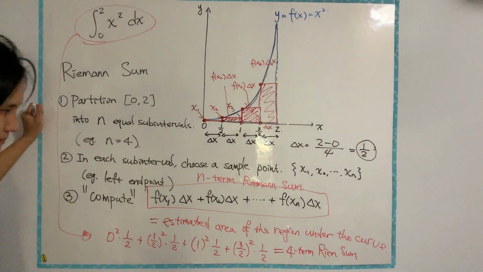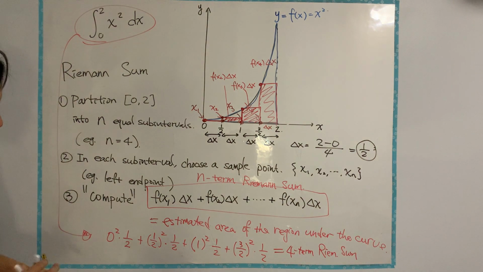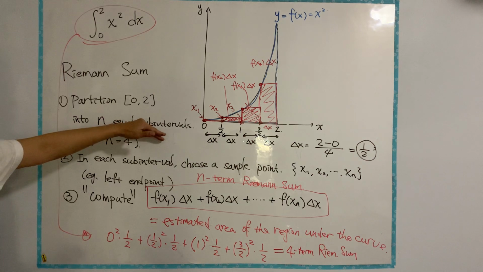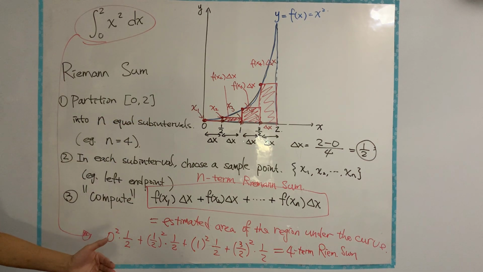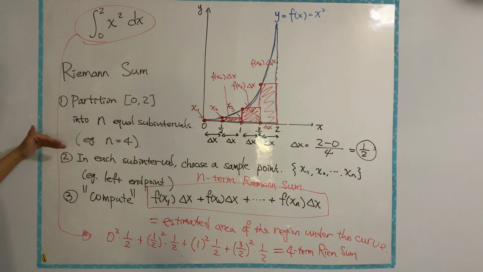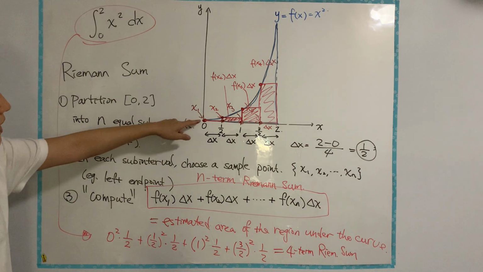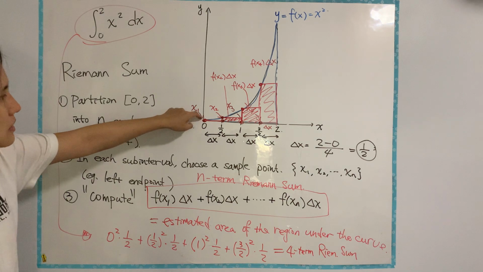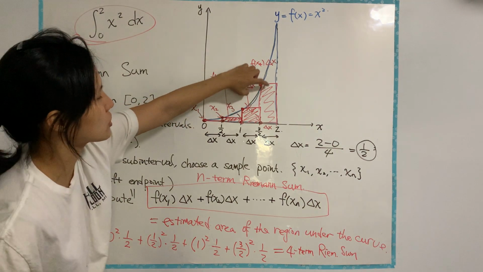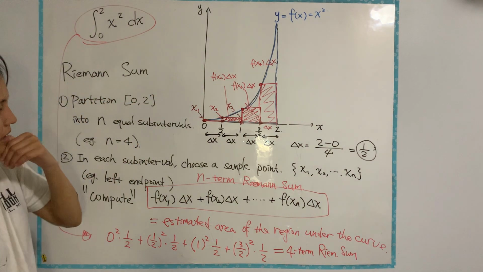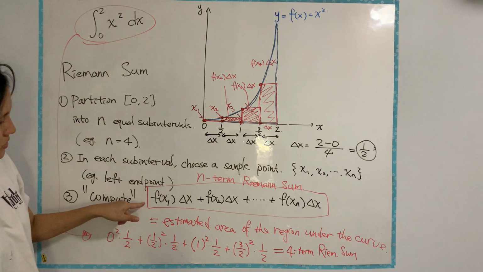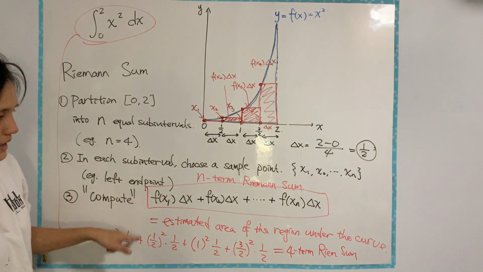Okay? Because we chop the interval 0, 2 into 4 pieces, and for each subinterval we choose a sample point that gives me a height of a rectangular region that later I will use to estimate the area that I care about.